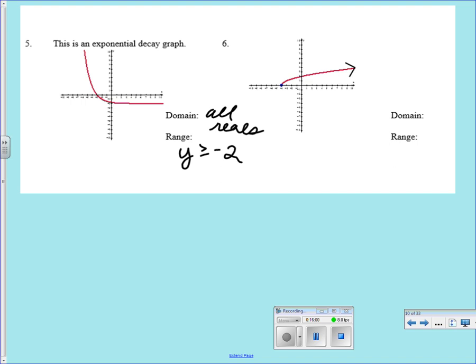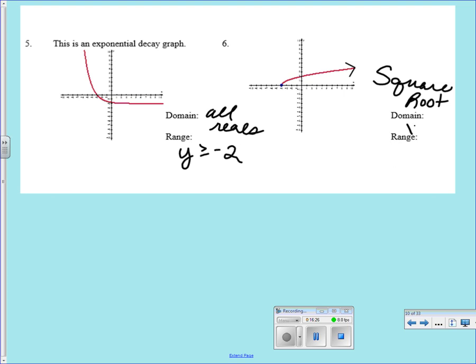And then finally 6, that's not exponential decay. What is that? That's the square root. And then is there a domain? Yeah. Well, this one you've got to be careful. A normal one would just be that x has to be greater than or equal to 0. But here we must have some kind of function in there that allows it to do that.